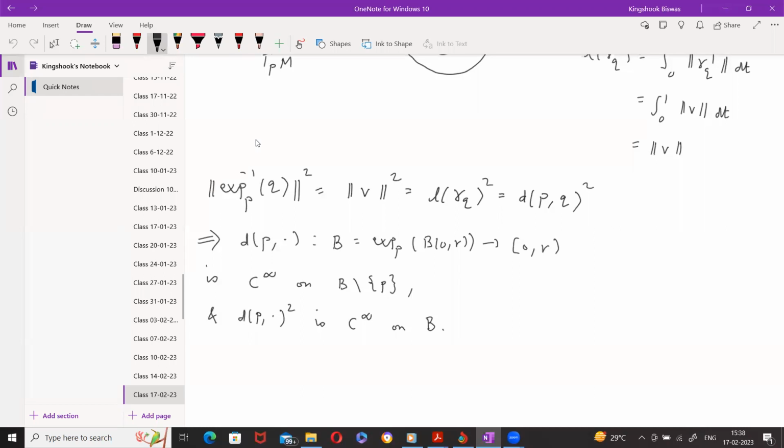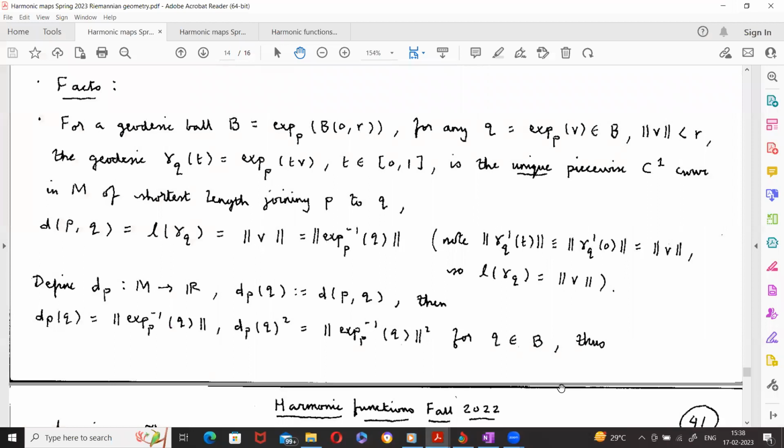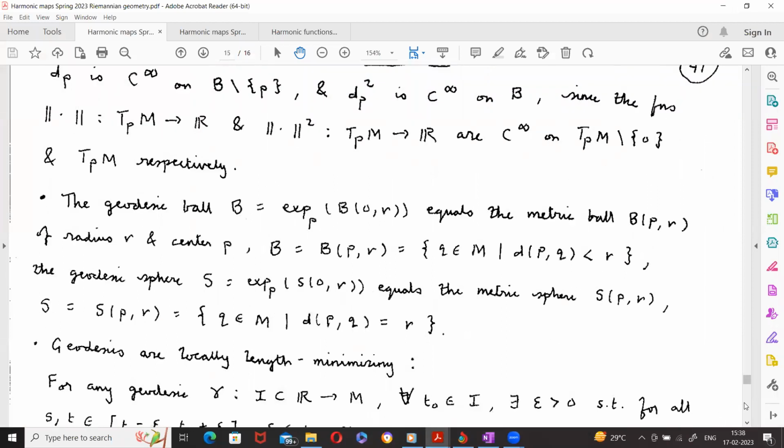Okay. So now, here are some more facts. It turns out that the geodesic ball actually equals the metric ball. So remember, the Riemannian metric gave you a distance function, right? Which was a metric in the sense of metric spaces, right? The distance PQ was the infimum of lengths of piecewise C1 curves joining P to Q. We saw that that was a metric, right?